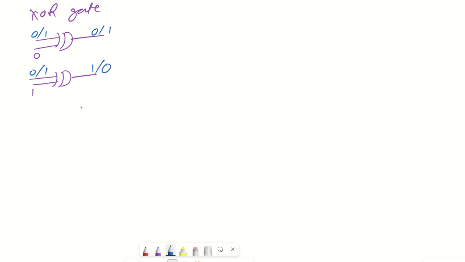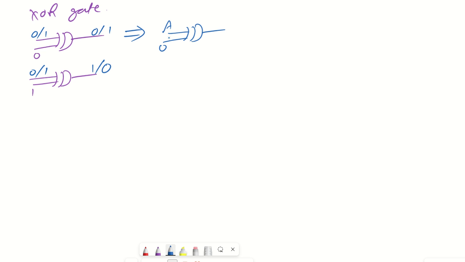Now what is happening here? Can you see that, in the first one, whenever it is tied to 0, 0 is giving you 0 and 1 is giving you 1, so it is nothing but acting as a buffer. So can we write it down? Let us say this is my XOR gate, and this is tied to 0.